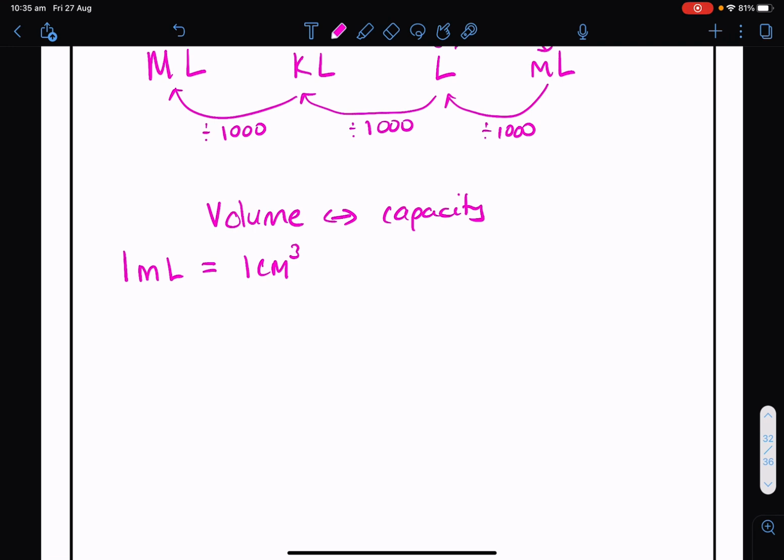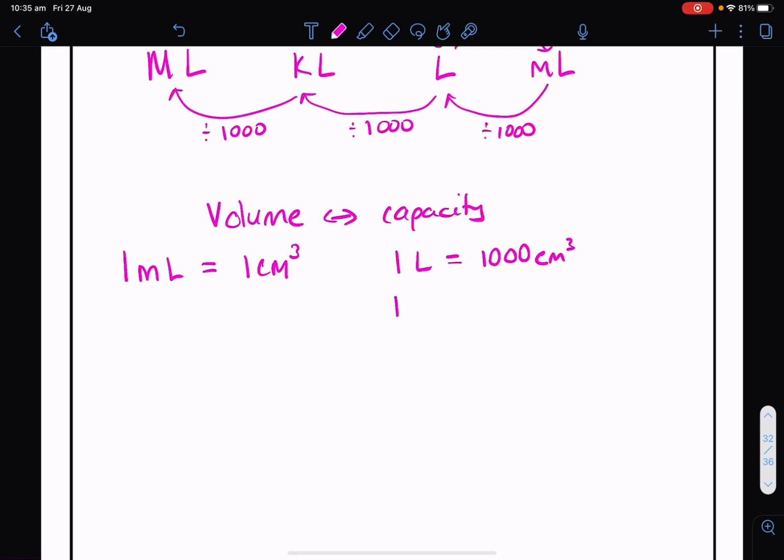Okay. Then if we look at 1 litre, so 1 litre equals 1000 centimetres cubed. So if you think about a litre of milk or a litre of soft drink, you could fill up 1000 of those little centimetre cubes.